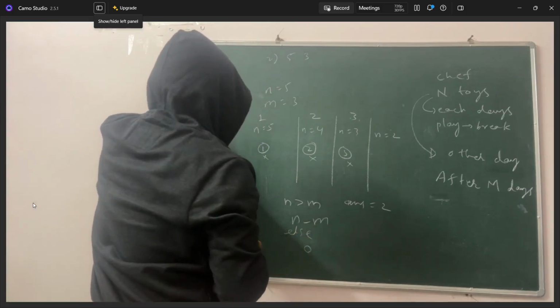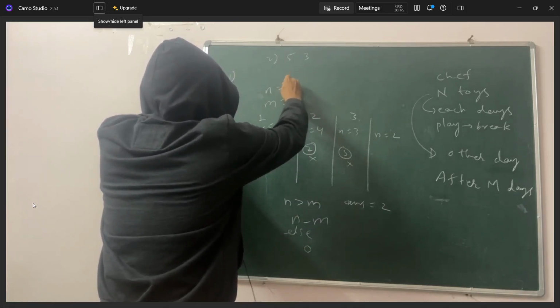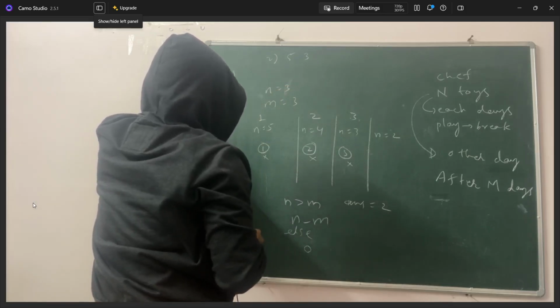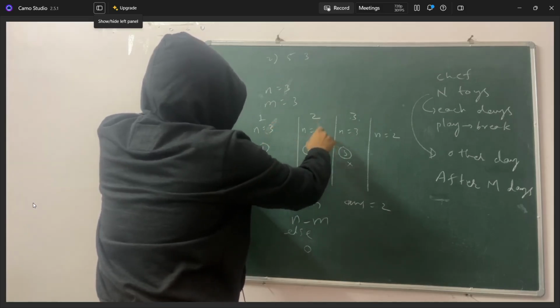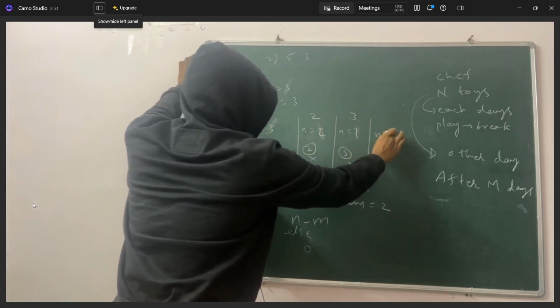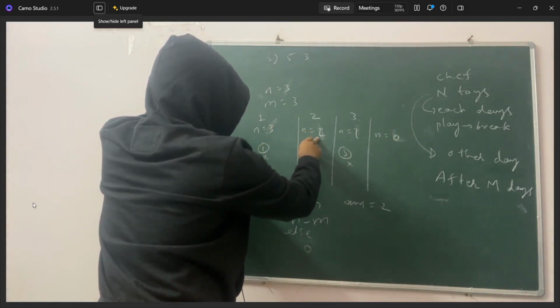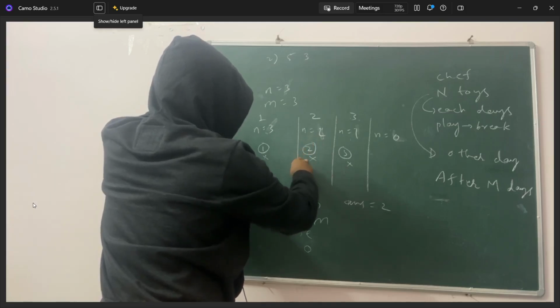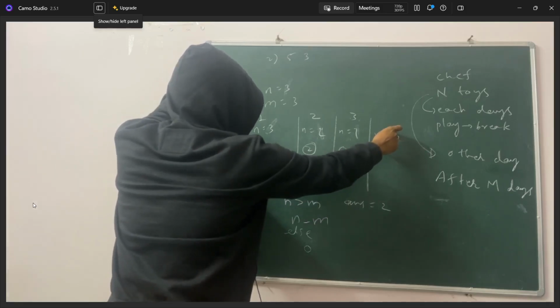Why 0? Let's say he had 3 toys and he had to play for 3 days. He took the first toy and is left with 2 toys. He took the second toy, now he's left with 1 toy. He took the last toy and then he has no toys left.